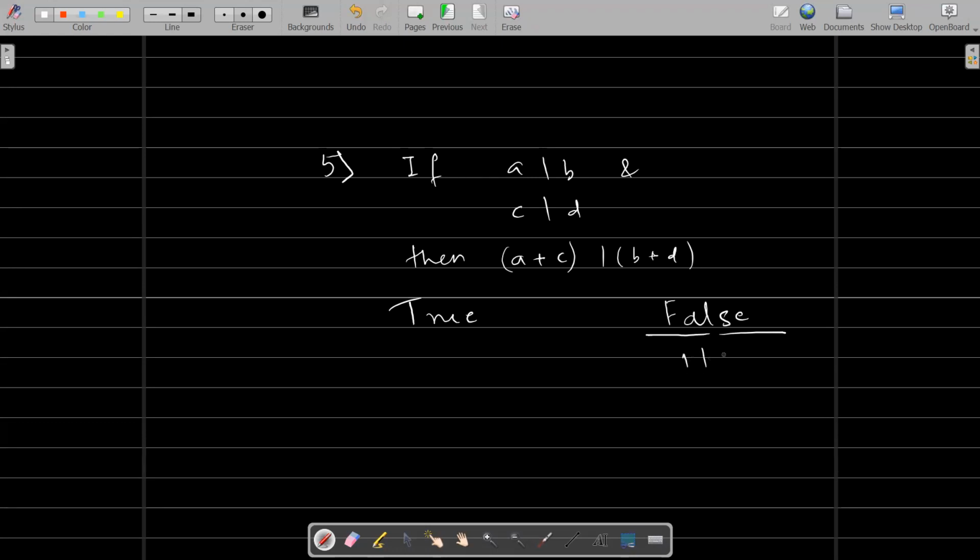So 1 divides 2, 1 divides 3. But 1 plus 1, 2 does not divide 2 plus 3, 5. So I'm taking one even number, one odd number so that the sum is odd. And here the sum on left hand side is 2. So 2 cannot divide an odd number. Okay, and of course you can produce many such examples.